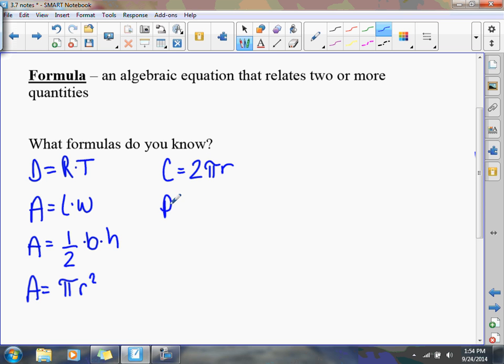We've worked with perimeter, and there's an equation for perimeter of a rectangle. Oops, not 3. It's 2 times the length plus 2 times the width. You might also know volume, length times width times height.